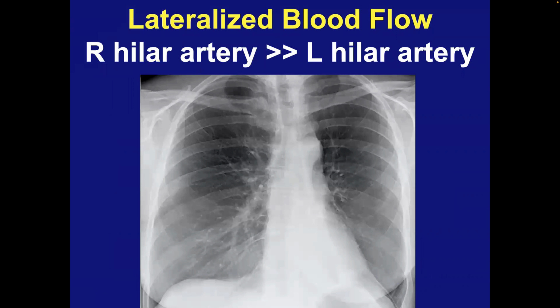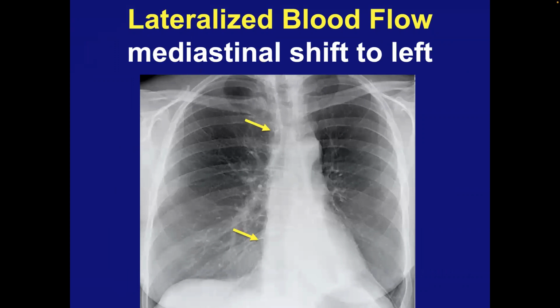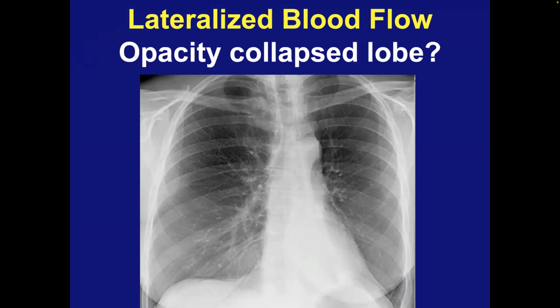So in this case, in which the left hilar vessel looks small relative to the right, the first thing I do is look for signs of volume loss. And I see some signs of volume loss. Tracheal air column is deviated a little to the left, and the heart itself seems to be shifted to the left. Normally, there's some heart that projects to the right of the spine, but in this case, there isn't. So then I look to see if there is an opacity that would correspond to a collapsed lobe.